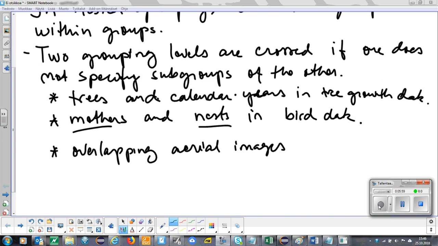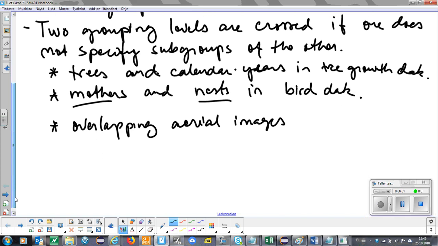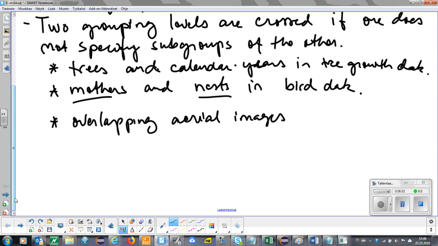The third example is overlapping aerial images. So we can have an area, and let's assume that these dots here are trees or whatever plants growing in an area, and then we take several aerial images.